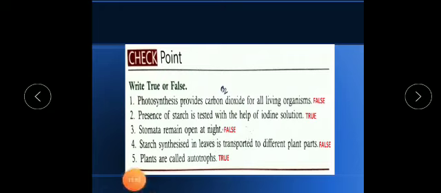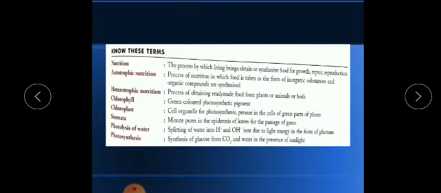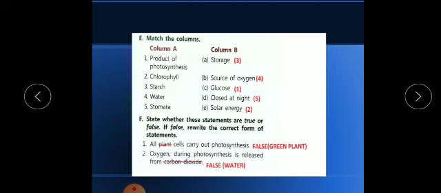So we can say that it is also a type of false statement, because green plants are called autotrophs. So we can write true also, false also, anything. Next one, second one is, oxygen during photosynthesis is released from carbon dioxide. So it is false, it will come from water.